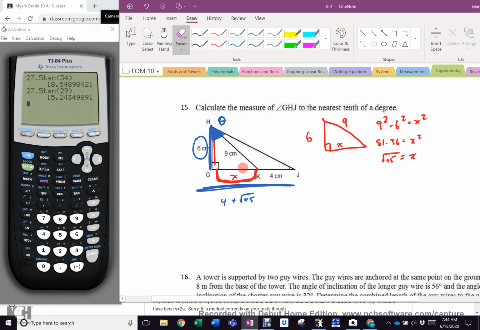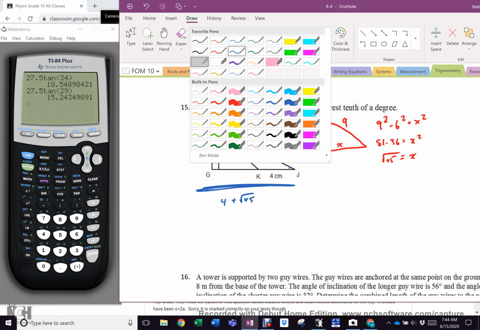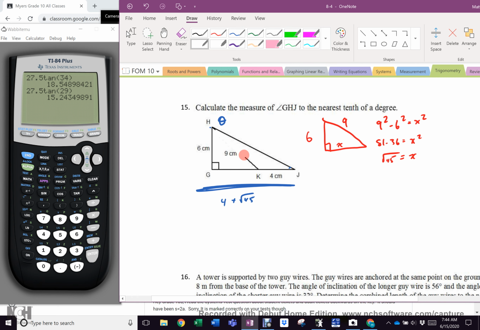I'm going to erase all this stuff using my whiteout tool. So now there's my theta, 6, and I know this whole bottom is that. So tan theta equals O over A. I don't know what theta is, so I have to keep it, but opposite is 4 plus root 45 over 6.